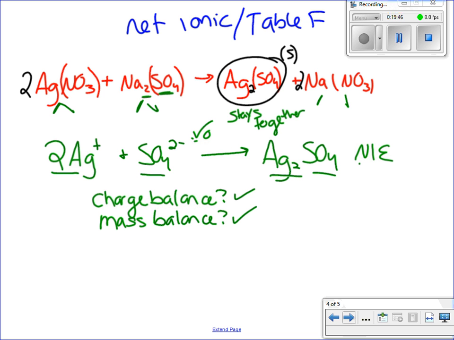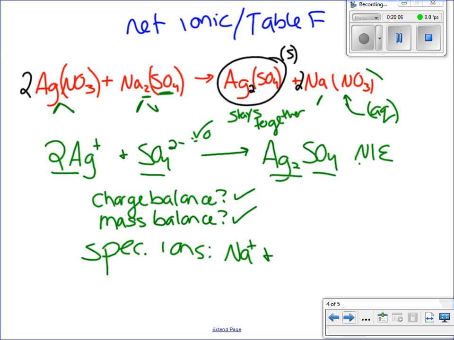Yes and yes, okay? Finally, your spectator ions. They're what's left. So who didn't dissolve? This guy didn't dissolve. This guy stayed aqueous, sodium nitrate. To split that into your ions, that's going to be Na plus and NO3 minus are your spectator ions. That means they don't take part, they don't play in the game, okay?